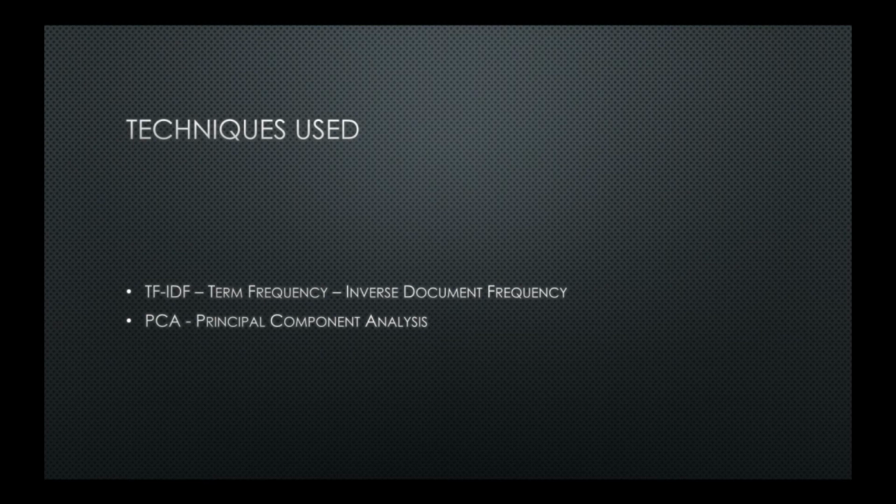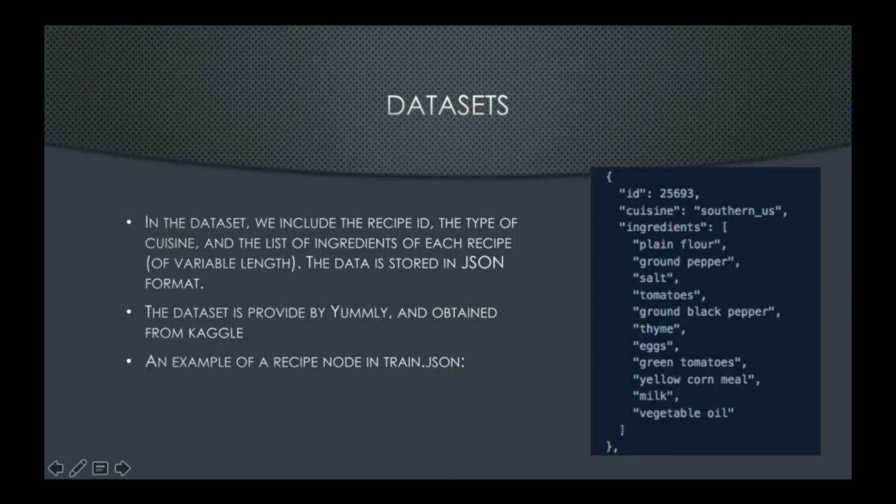As the other group said, term frequency-inverse document frequency is used to get the least common words. If you look into the recipes, the most commonly used ingredient would be salt.